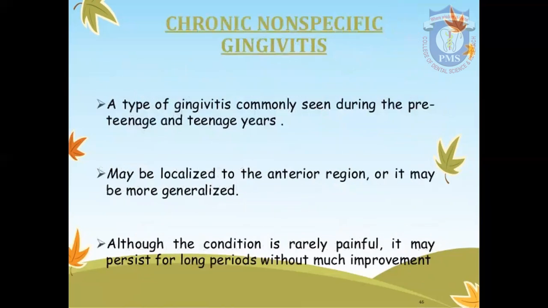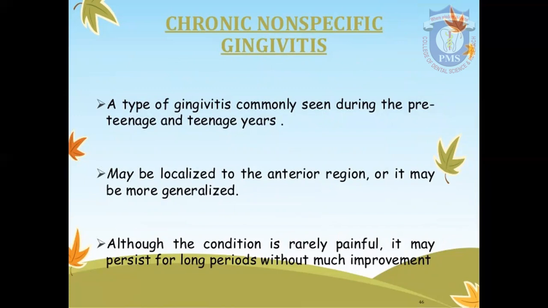Next is about chronic non-specific gingivitis. A type of gingivitis commonly seen during the pre-teenage and teenage years is often referred to as chronic non-specific gingivitis. The chronic gingival inflammation may be localized to the anterior region or may be more generalized.